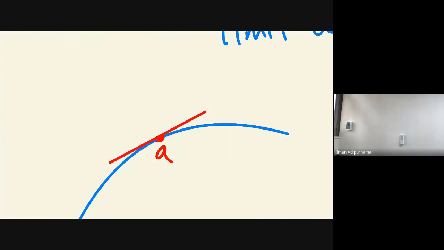What we are doing in linear approximation is that nearby this point A, we can make the curve like the line because it's really, really small. That's what we are doing in linear approximation.